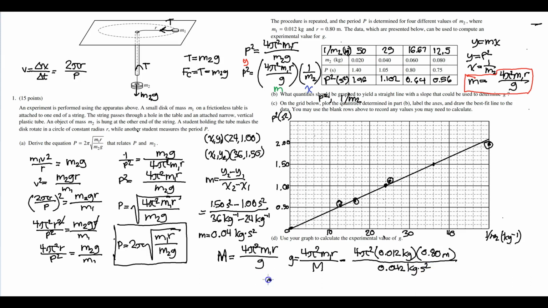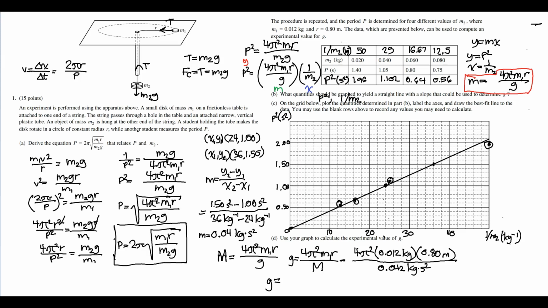And we get a G of 4 pi squared times 0.012 times 0.8 divided by 0.042.